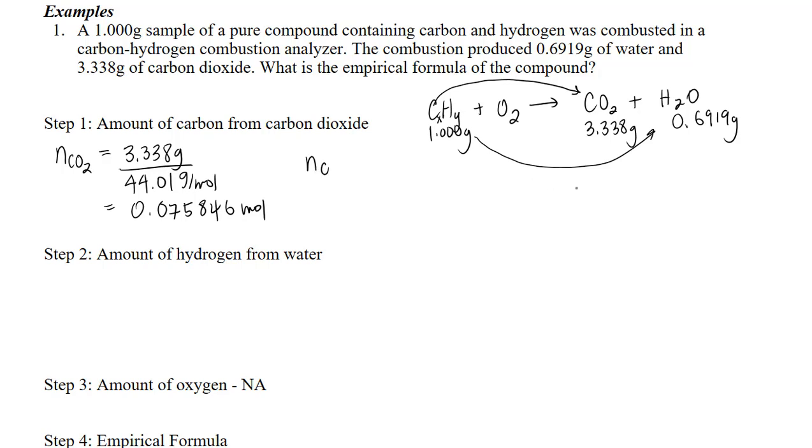And because for every 1 CO2, there's 1 carbon atom, that means that the number of moles of carbon is going to equal the number of moles of CO2. So my moles of carbon is going to be the same. Similarly, I'm going to use the water to determine the moles of the hydrogen.